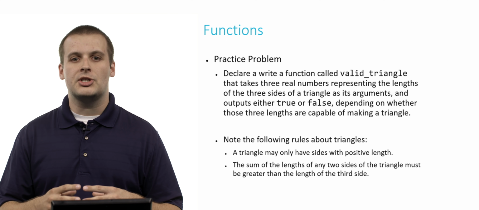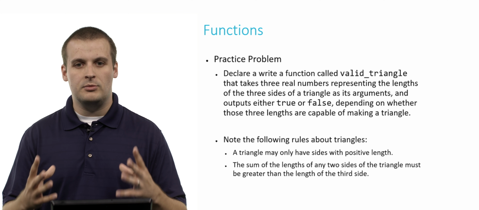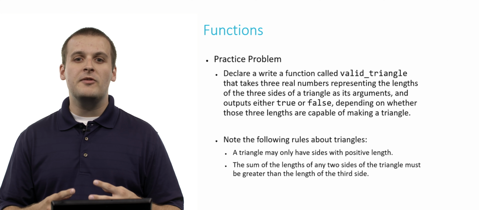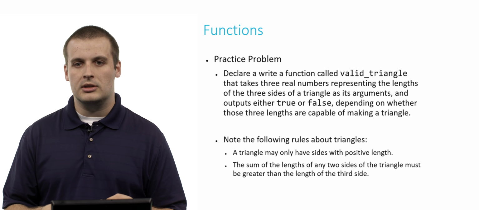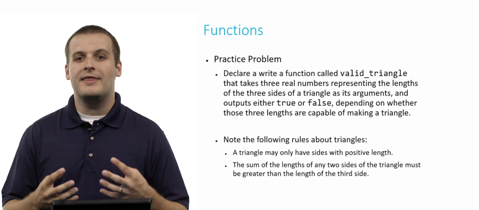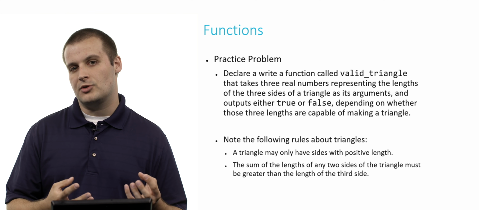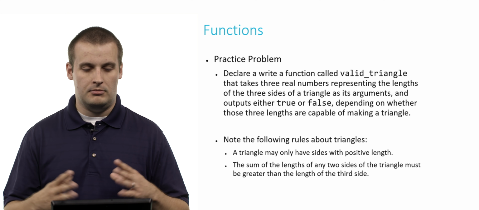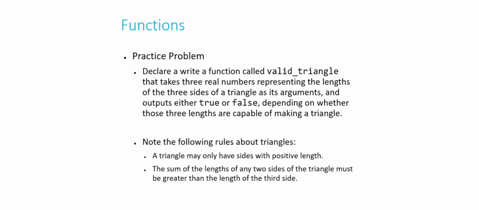So those are the rules that determine whether or not the three inputs can conceivably form a triangle. So take a couple of minutes and declare and then define this function called valid triangle, such that it actually has the behavior specified here. It will output true if those three sides are capable of comprising a triangle, and false otherwise.